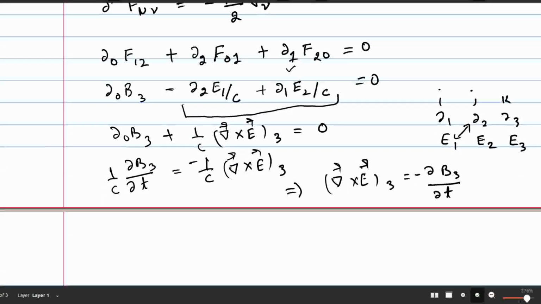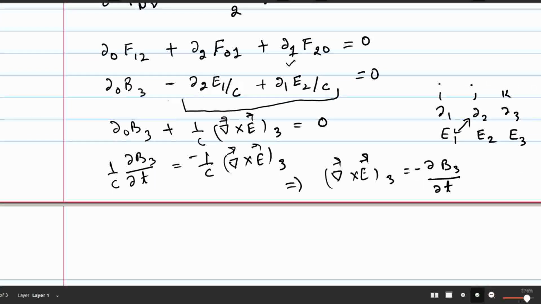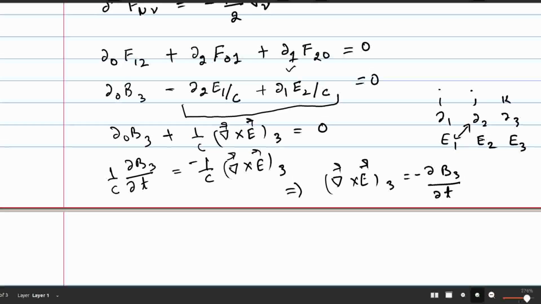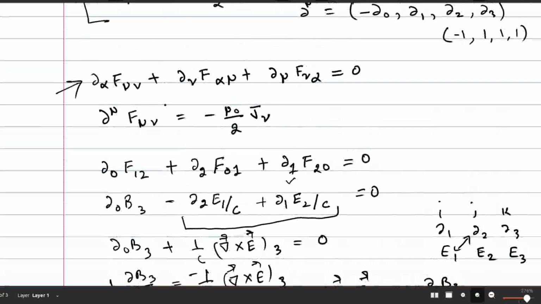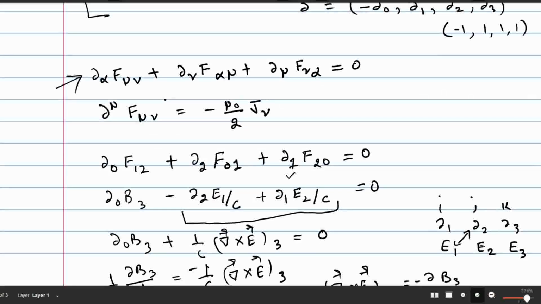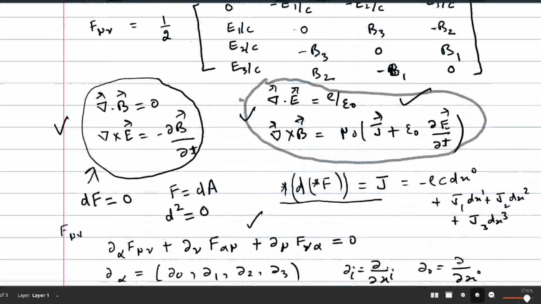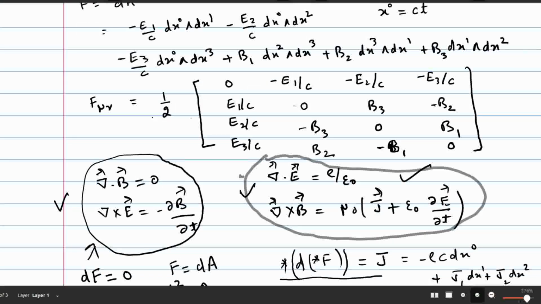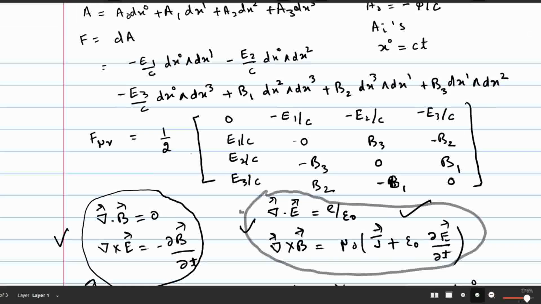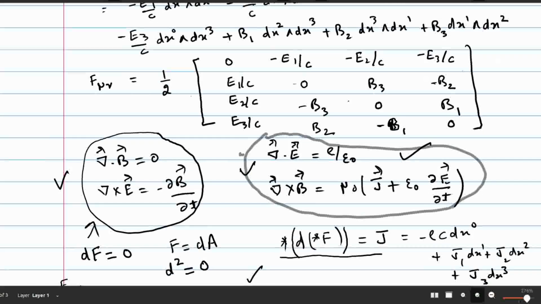Similarly, if we take alpha to be 0 and mu and nu to be 2 and 3, then f23 is b1, so we get the first component of this Maxwell's equation.